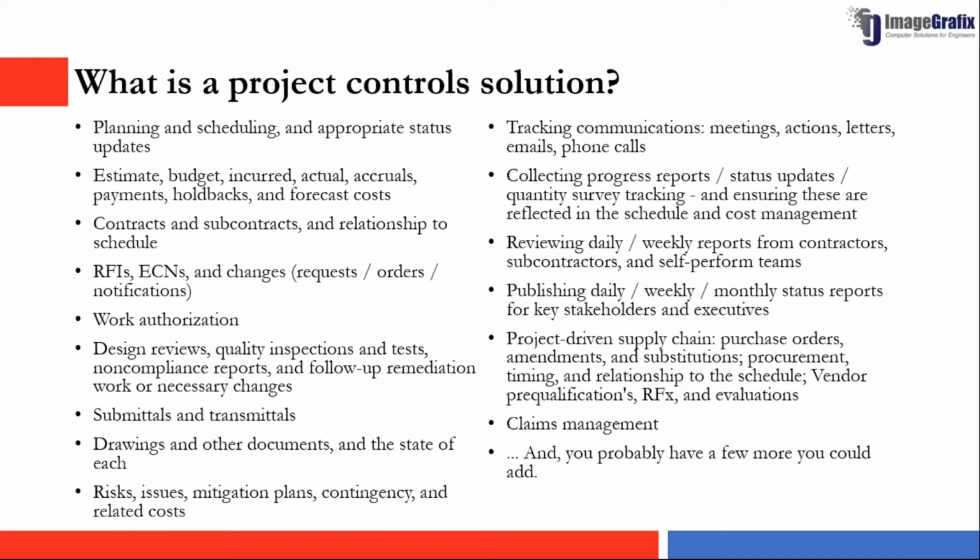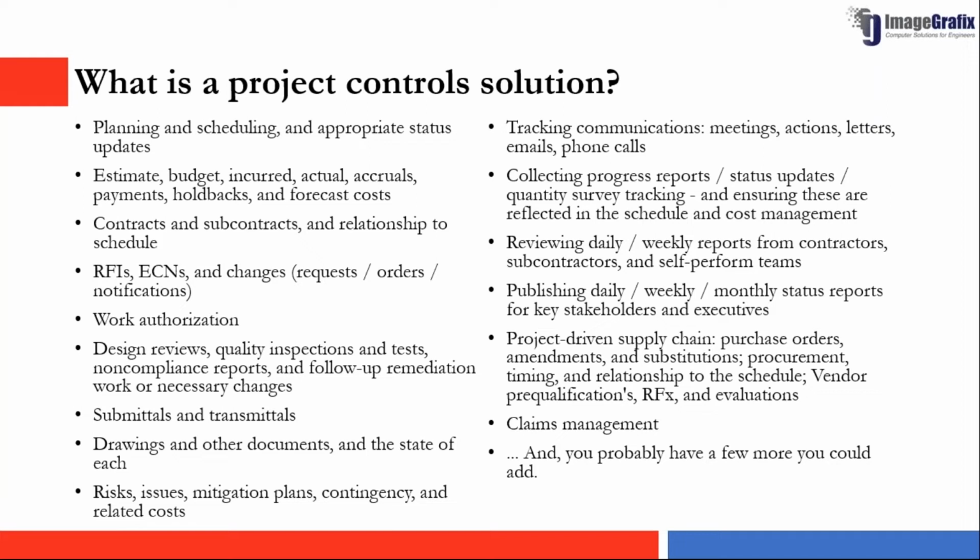So when we have a project control solution, it should be able to perform or automate the processes which we have listed here, such as planning, scheduling, estimates, budgets, actuals, contractor subcontract relationships, RFIs, requests, change orders, then work authorization, submittals, transmittals, design and other documents, risk issues, and tracking communication such as minutes, actions, right?